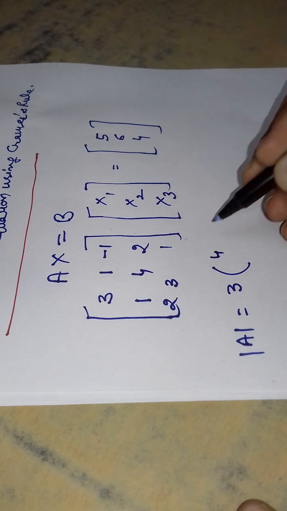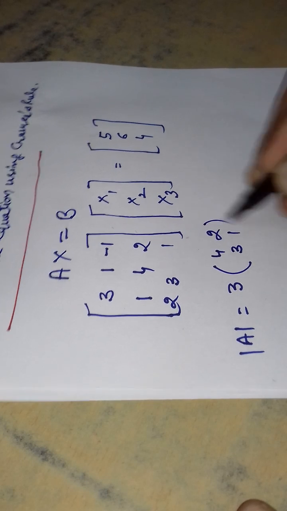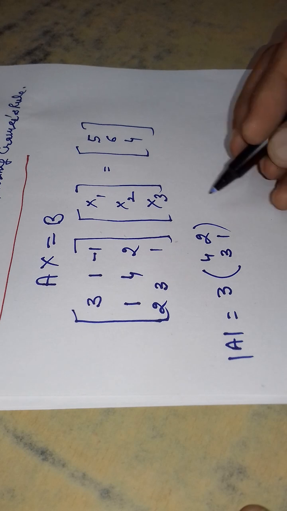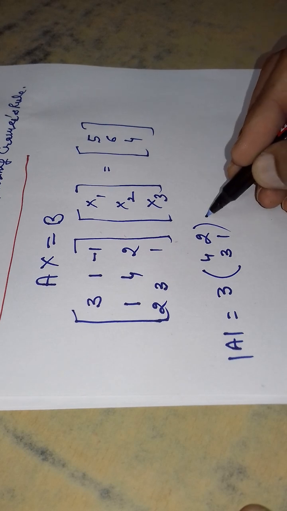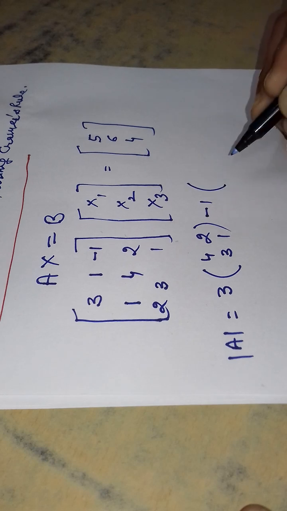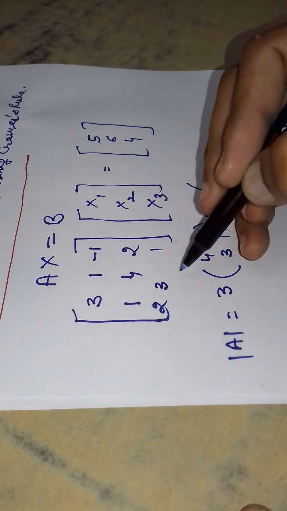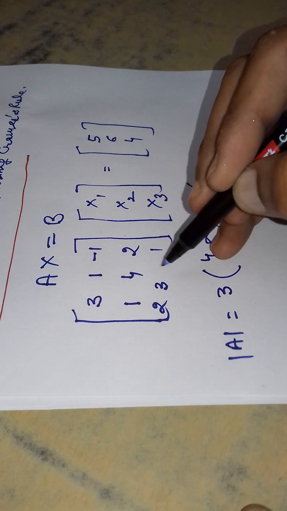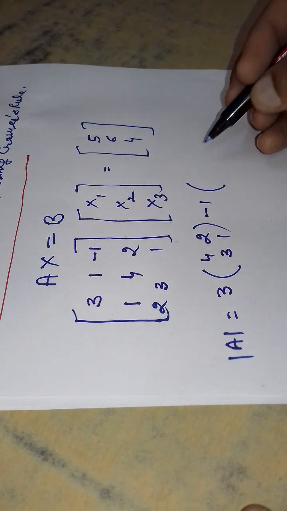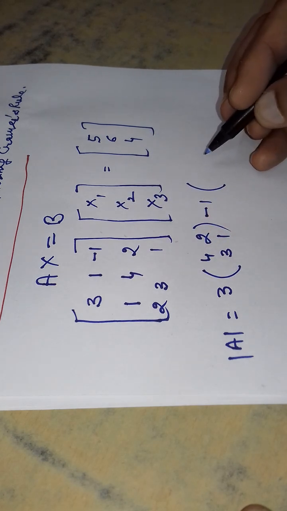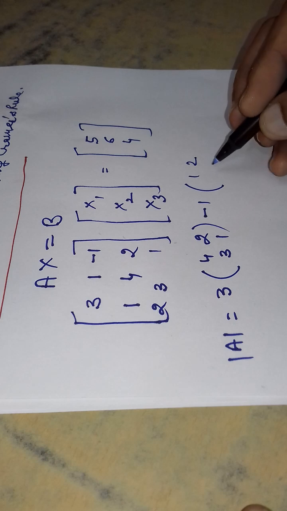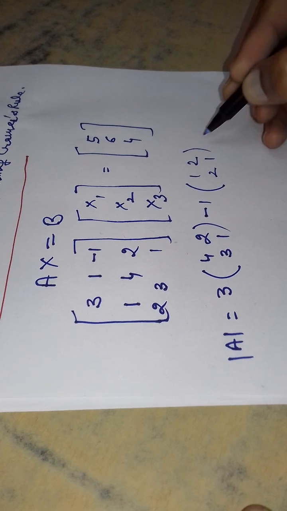Then minus 1 times the submatrix from deleting 1's row and column, which is 1 2 2 1.